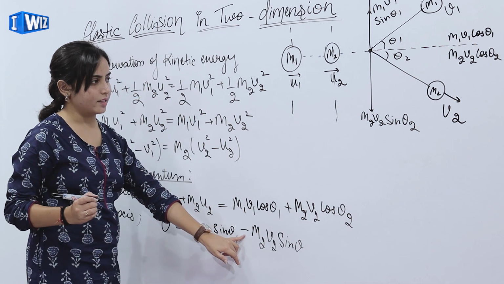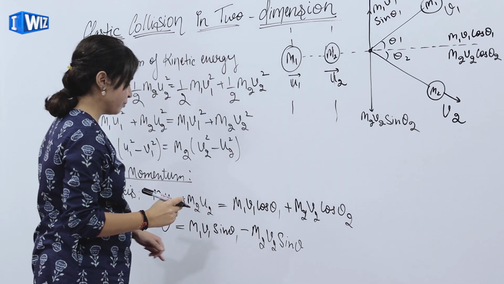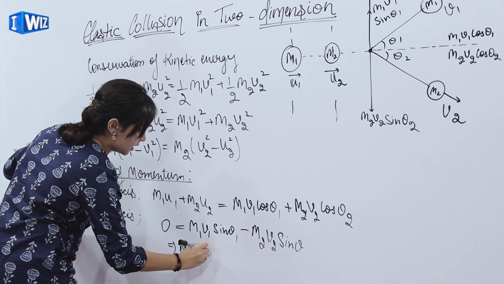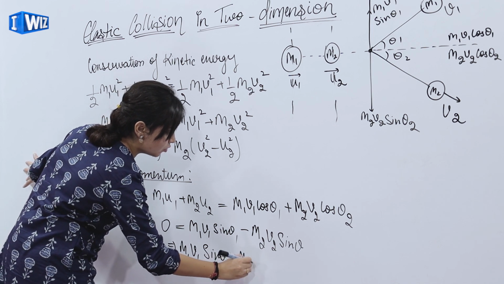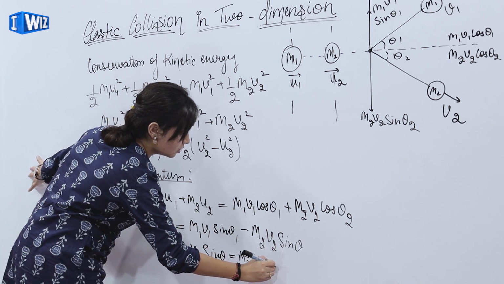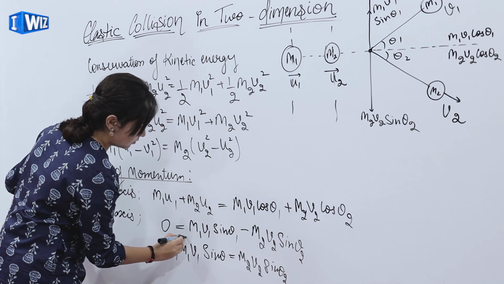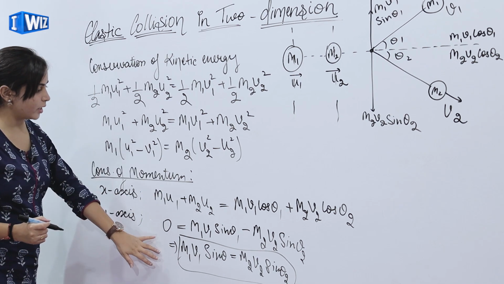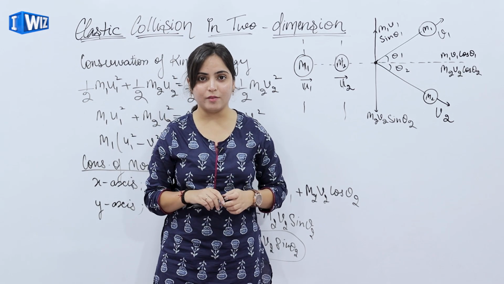The negative sign is there because both are in opposite directions. So here I'll get m1 v1 sin θ1 is equal to m2 v2 sin θ2. Equation 2. So again, using these two equations, we can calculate the final velocity as we did in one dimension.